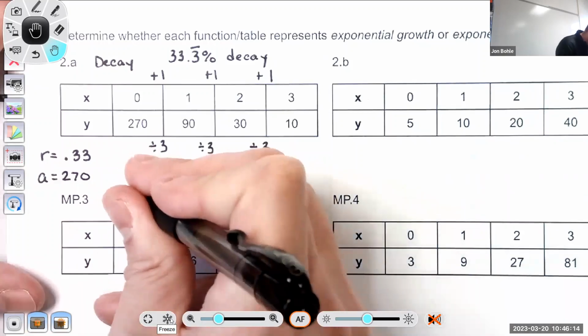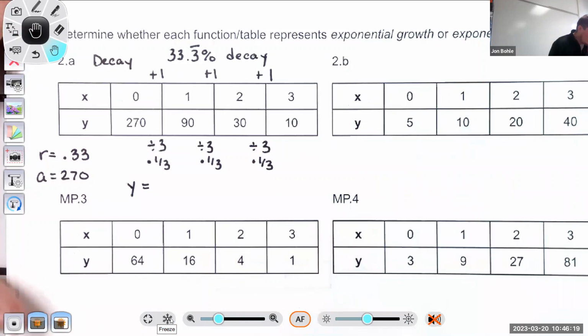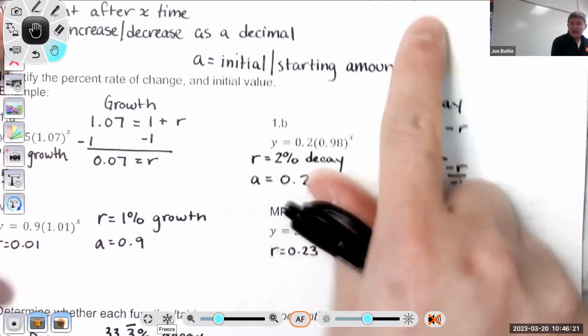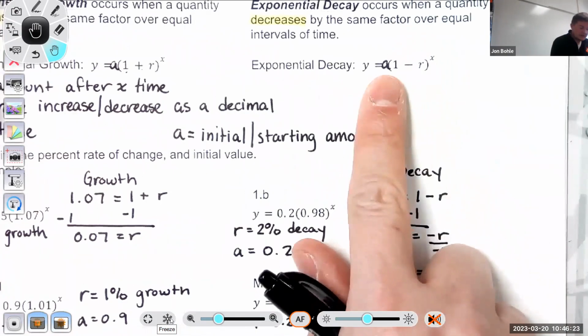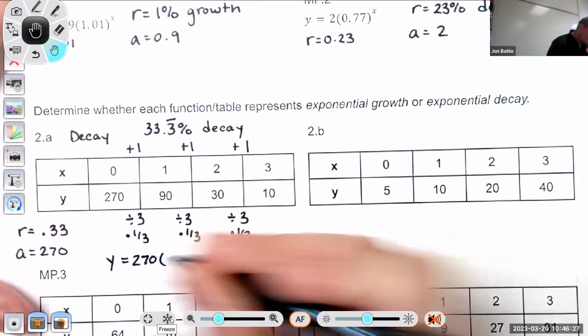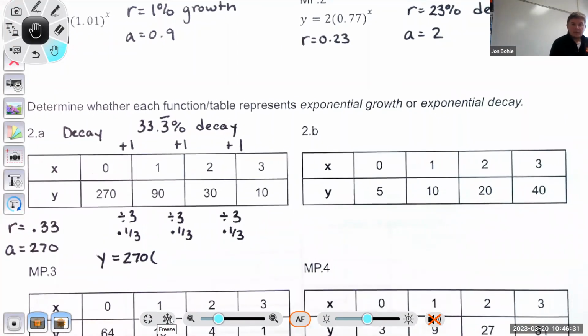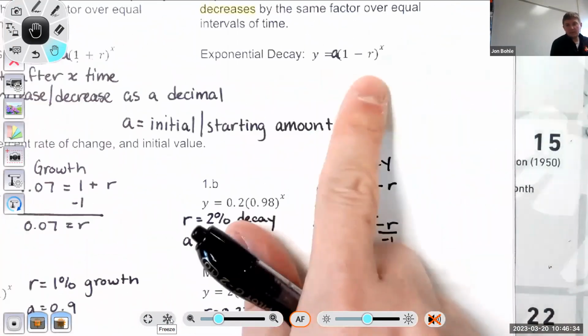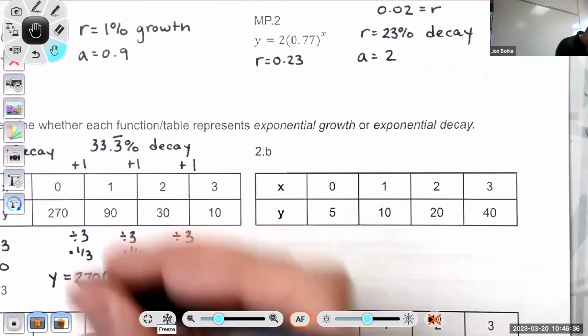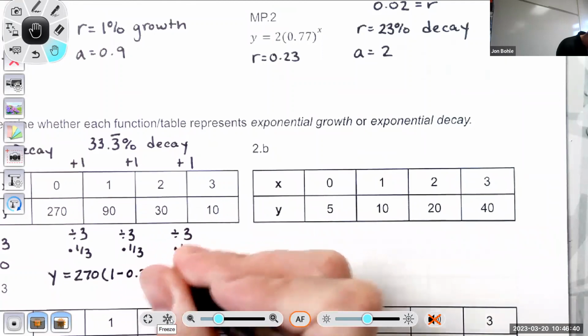Right? Y equals, well, this is a decay function. A, so 270 times one minus R. So 1 minus 0.33, the X power.